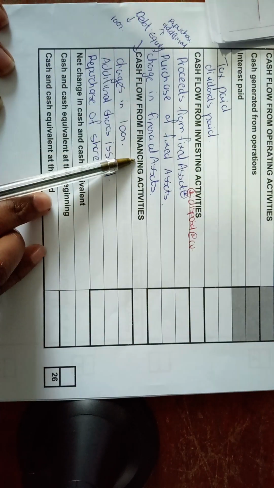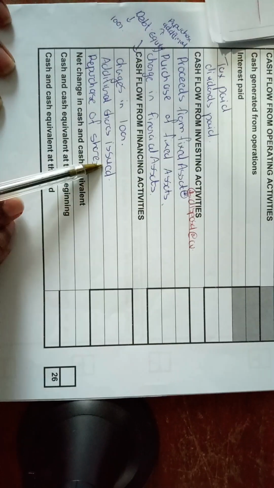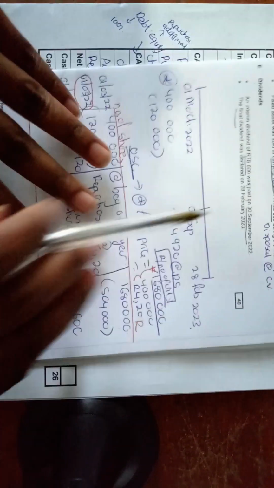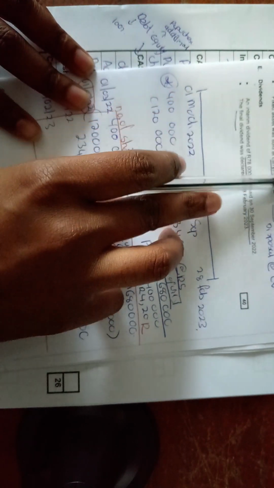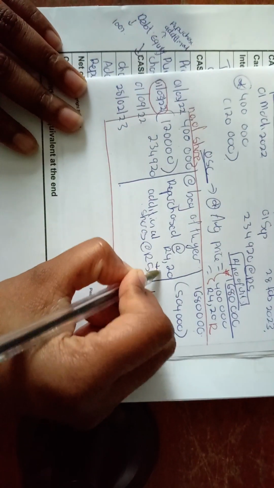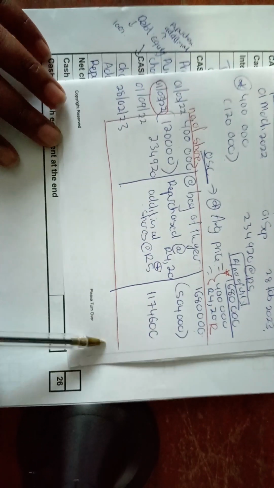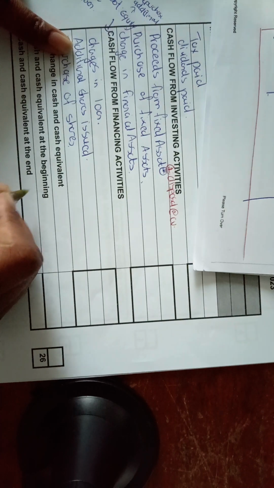Look at cash flow from financing activities. It says additional shares issued. Did we issue additional shares? Yes, we did. It says on the 1st of September, we issued additional shares at 5 Rand. Here is my working out that I did my rough work on previously. So all I'm going to do is take that same answer and put it in my statement.